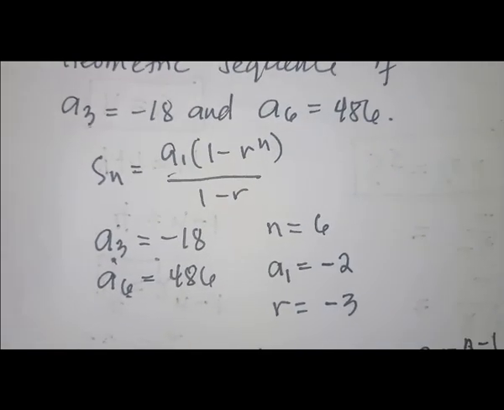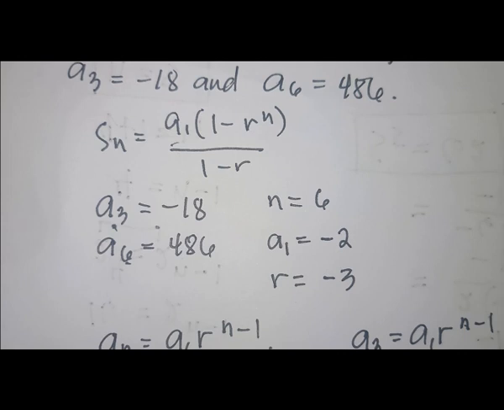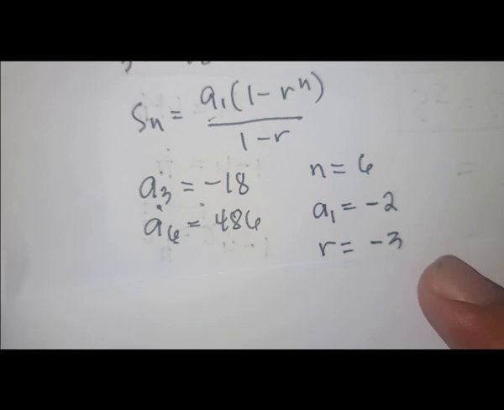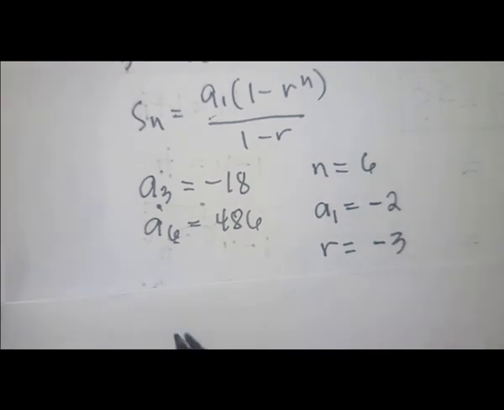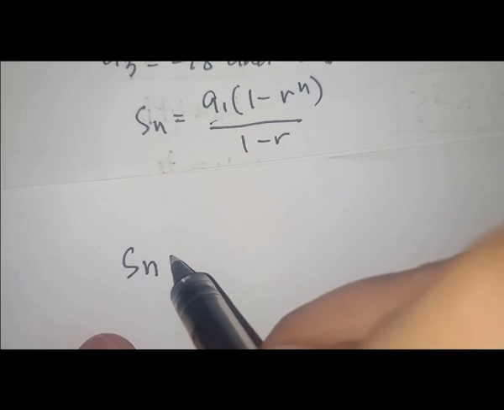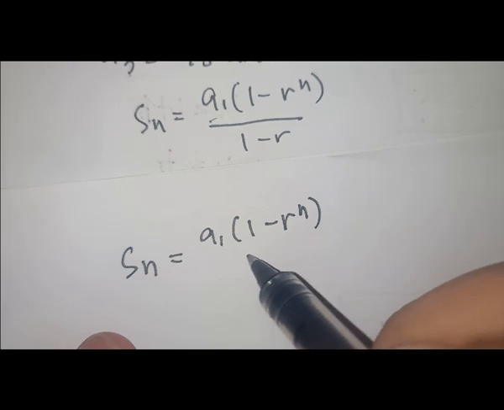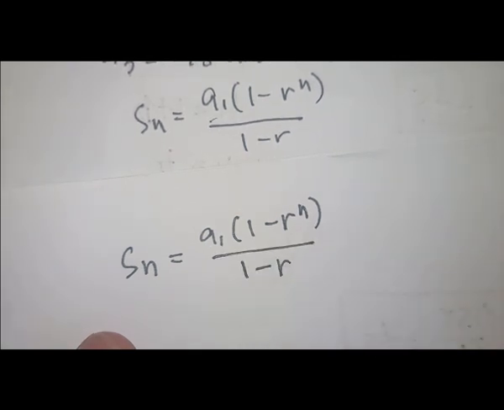Pwede natin ngayon magamit yung formula ng geometric series para mahanap na natin yung sum ng given sequence. Okay. So, let's start. Ang gagamitin nating formula for geometric series, S sub n is equal to a sub 1 times 1 minus r raised to n over 1 minus r.